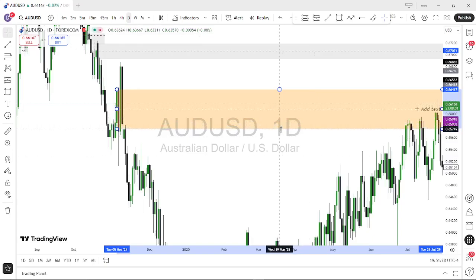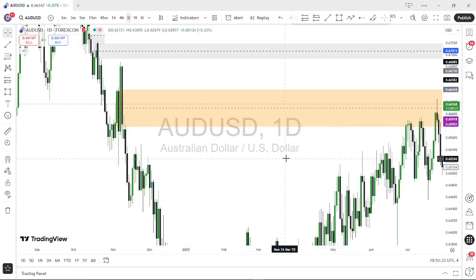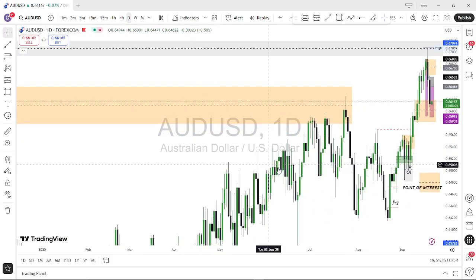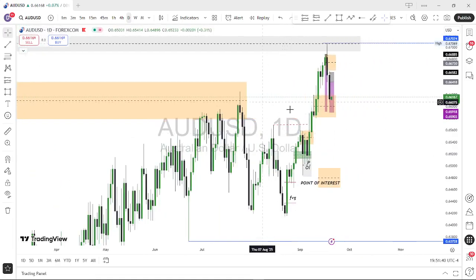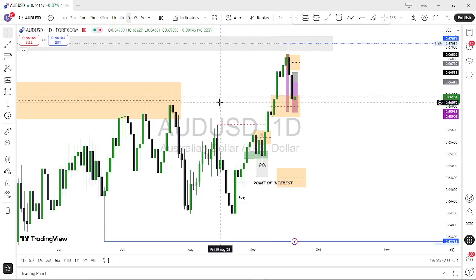The market respected it without hesitation, without thinking twice, without having second thoughts that I could go further. I have the chance to go further. At least it created a fair value gap. What is stopping it from going further? But yet, the market chose to respect that OB sitting right there, and it gave us the rejection.